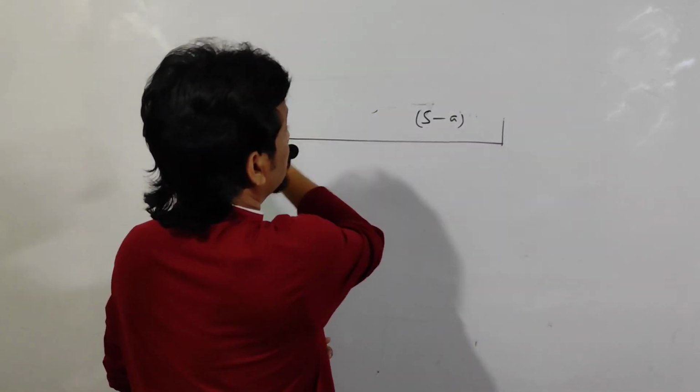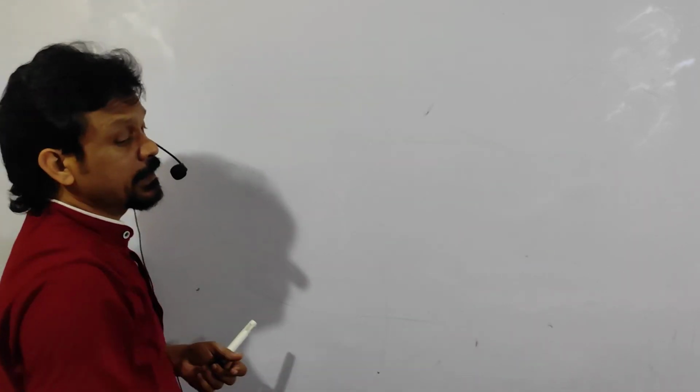So please remember the formulas for Laplace transformations, and as I have done in today's class, you should remember the formulas for trigonometry: 2 sin A into cos B, 2 cos A into sin B, 2 sin A into sin B, 2 cos A into cos B. And again the formulas for cos square theta, sin square theta, cos cube theta, sin cube theta, sin 2A, cos 2A, all these things.